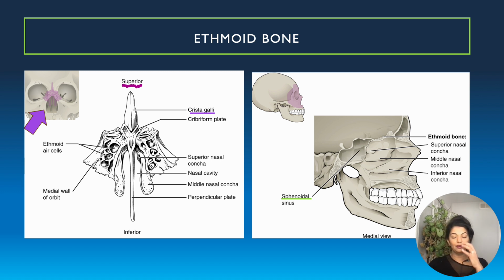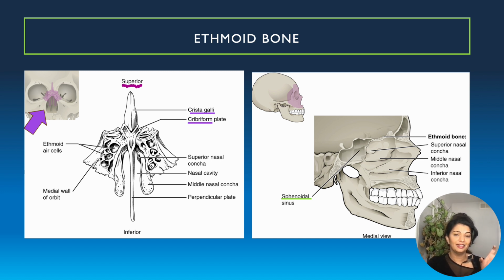It serves as an attachment, almost like anchoring the brain, for a specific portion of the dura mater called the falx cerebri. It's a fold of the dura mater that separates the left and right hemispheres, and that's what attaches to the crista galli.